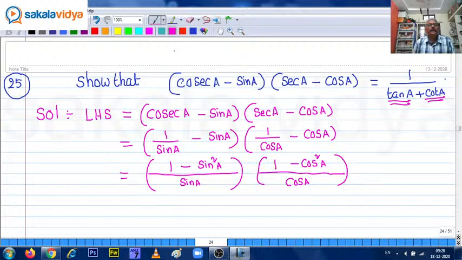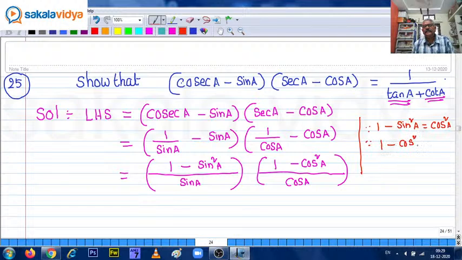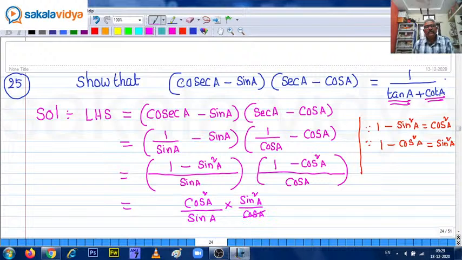Now we need to recall two very important formulae. Please remember, 1 minus sin square A equals cos square A. And 1 minus cos square A, bring cos square A to this side and minus sin square A to that side, that will be sin square A. So now this can be written as 1 minus sin square A is cos square A upon sin A, multiplied by 1 minus cos square A replaced by sin square A, but in the denominator we have cos A. Cos square A by cos A means one cos A gets cancelled.